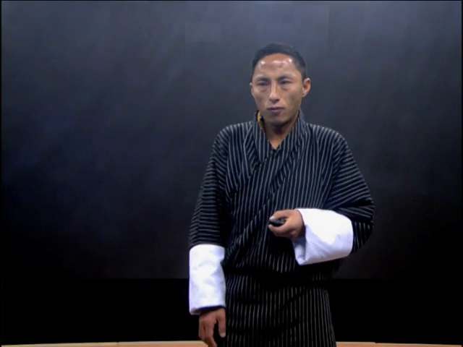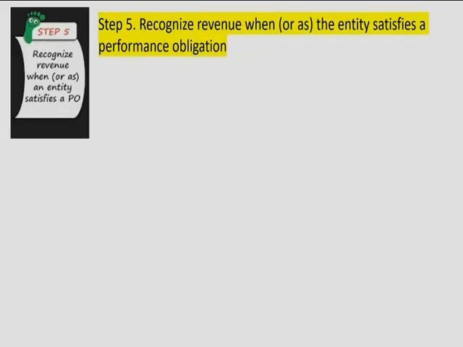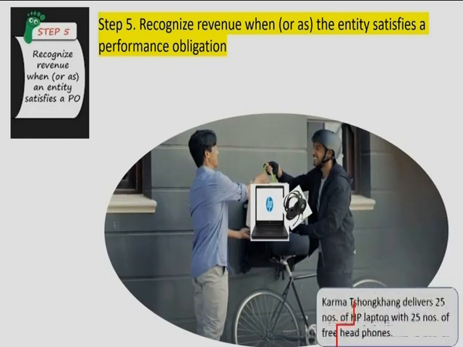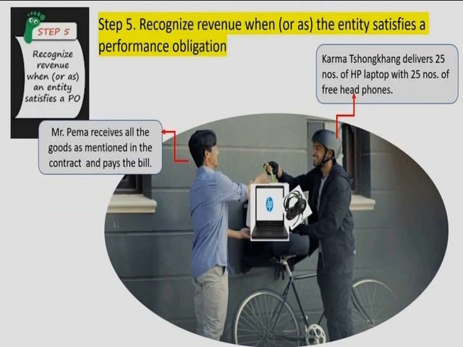Last one, the fifth step, is to recognize revenue when or as the entity satisfies a performance obligation. Here the entity is Karma Tsongkang. Now Karma Tsongkang delivers all 25 headphones and all 25 HP laptops to Mr. Pema on the mentioned date.